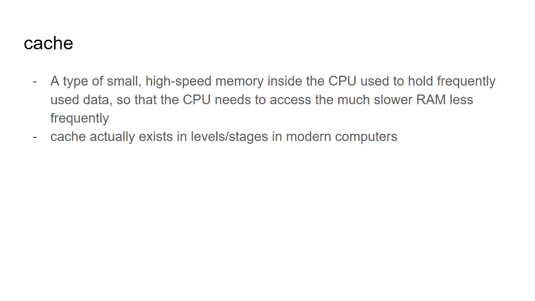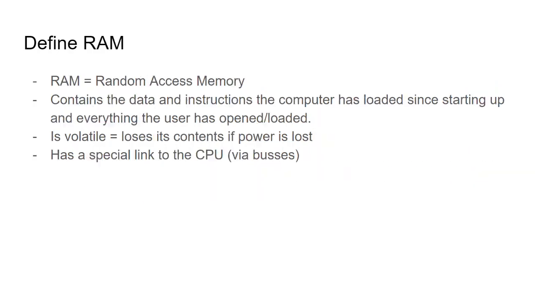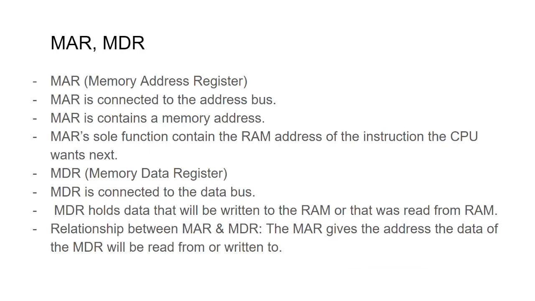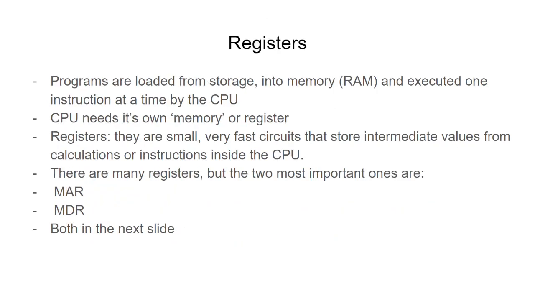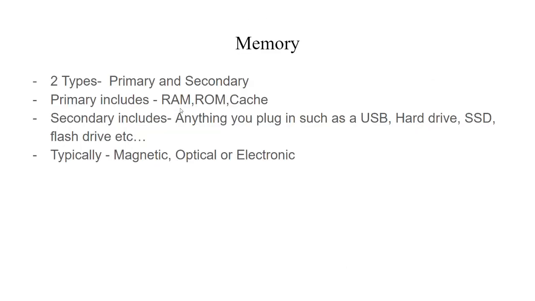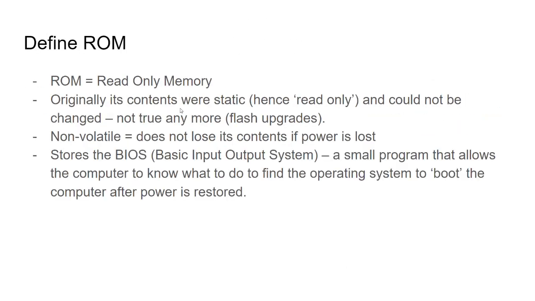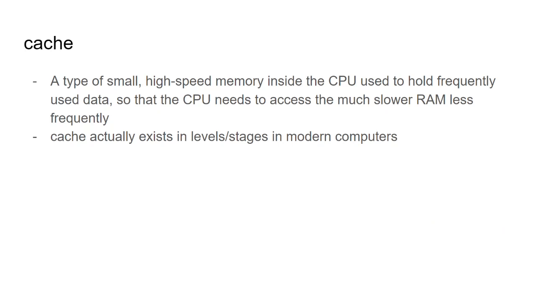Now cache. It's basically a small high-speed memory inside the CPU. Here I said the CPU needs its own memory. It's usually inside the CPU, though it could also be not inside the CPU, and not in the main memory or RAM.